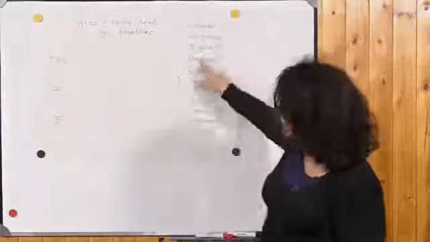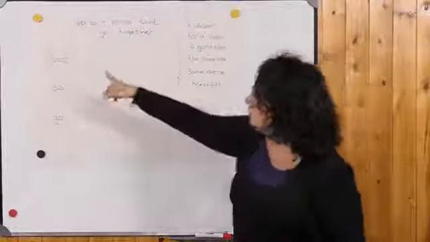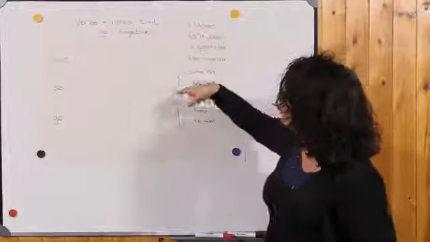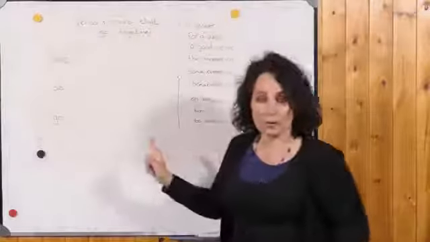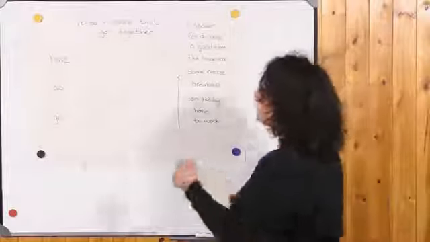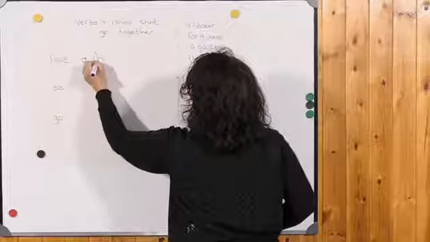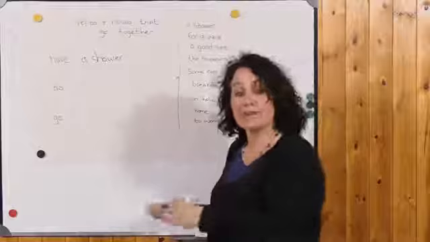Have. So here are some nouns. So what do we say? Do we say have a shower? Do we say do a shower or go a shower? Okay? So the correct one is have a shower. I have a shower every day.